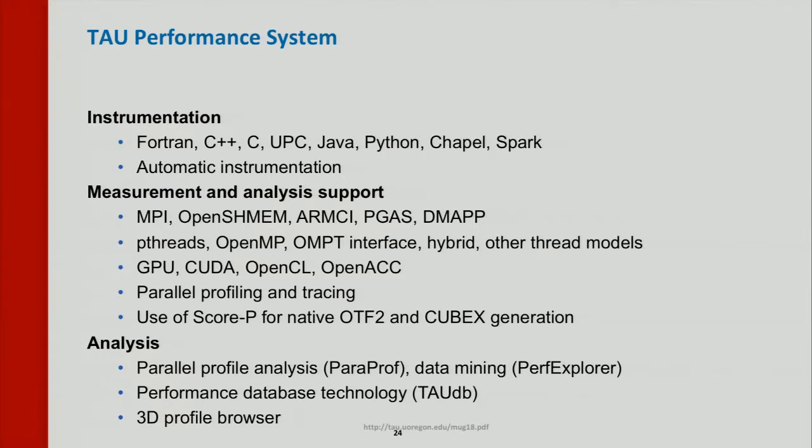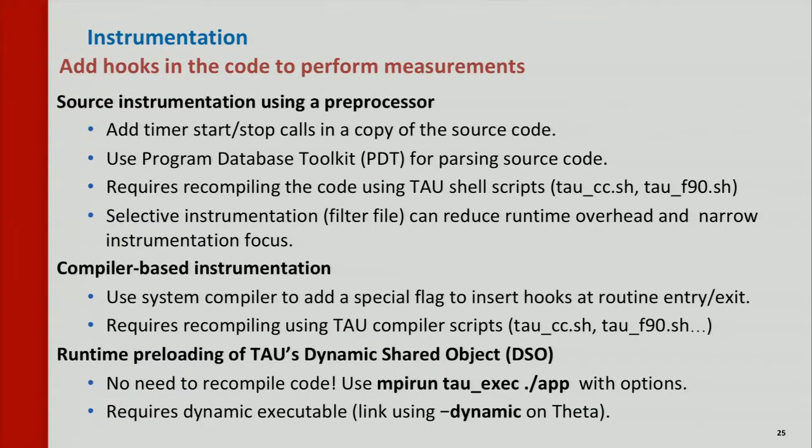So here is a list of the instrumentation, measurement, and analysis support provided by TAU. Essentially, you use TAU to insert hooks in your program, and I described the runtime preloading of TAU's DSO, but there are other ways to insert hooks too. You can insert hooks directly in the source code by parsing the source code and inserting instrumentation calls in a copy of the source code before it is compiled.